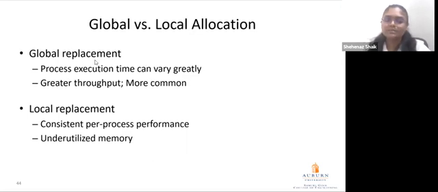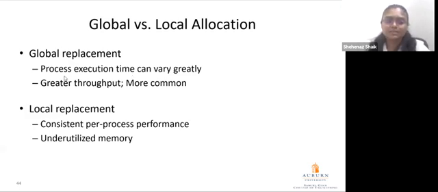And clearly, with the global replacement policy, a particular process does not really have control regarding what pages are kept in main memory and what pages are not available in main memory.